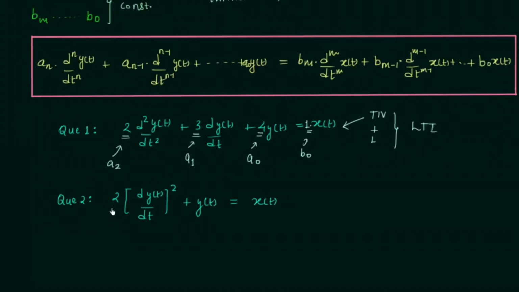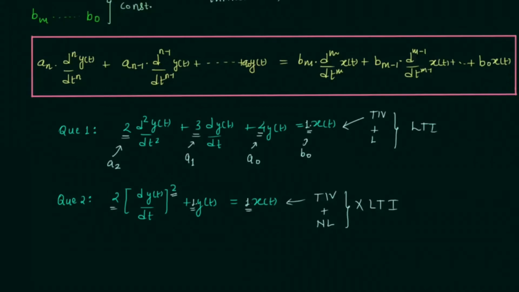Again the coefficient is 2, the coefficient is 1, here also the coefficient is 1. So coefficients are constant, but here the equation is not matching the above standard equation. We don't have the square of the derivatives in the standard equation, but here we have the square of the derivative. So definitely the system is time invariant, but it is non-linear. So it is not an LTI system.